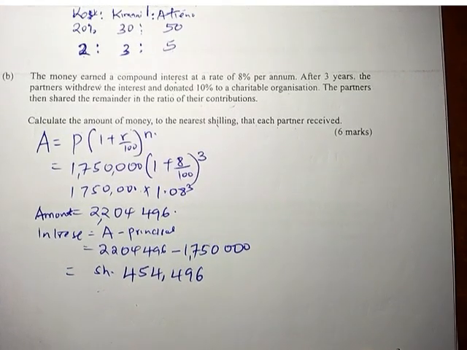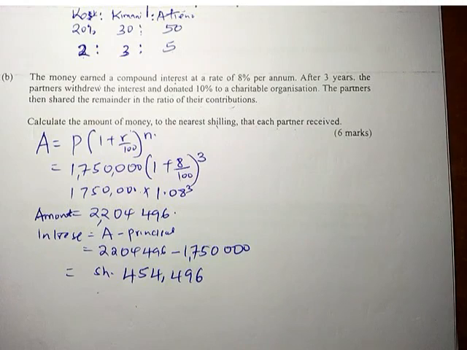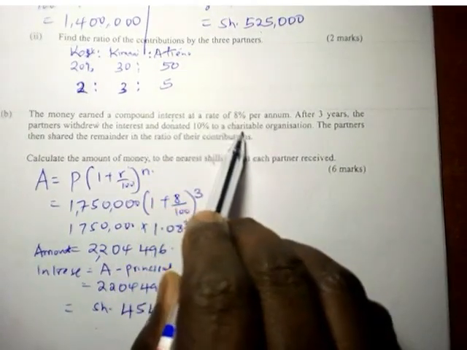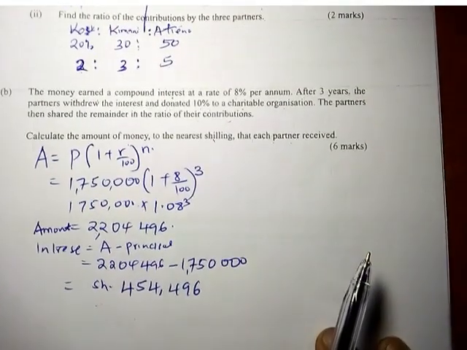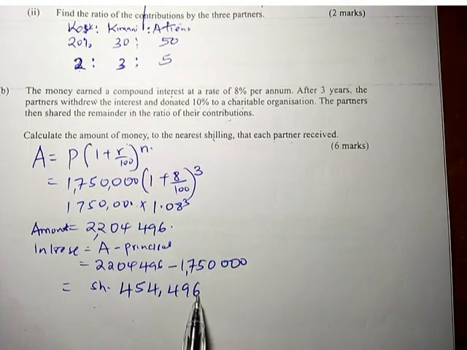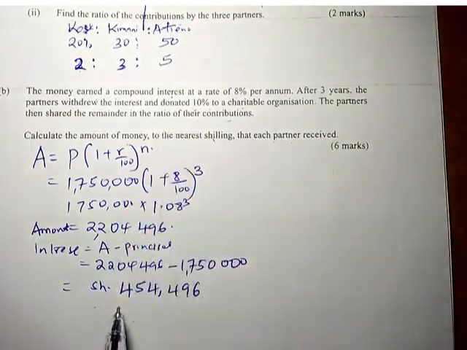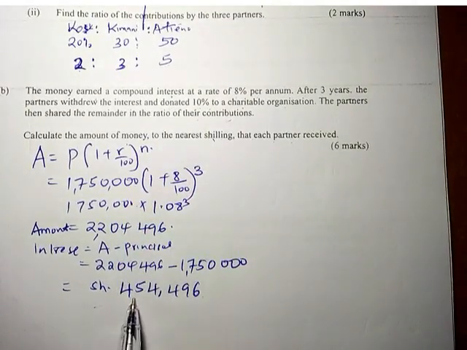But before they share, 10% is going to a charitable organization. So they are going to share 90% of this money. This money, 10% is going to be donated, so the money that they are going to share is 90%.